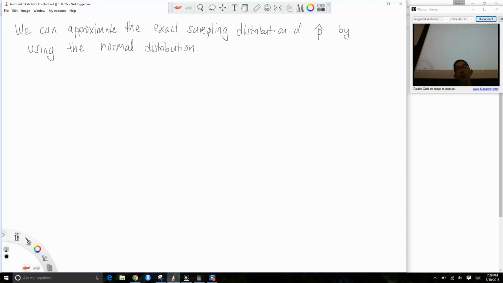There's mathematical theory that backs up this thing, and that mathematical theory is called the central limit theorem. Okay, the mathematical principle that allows us to do this is called the central limit theorem.